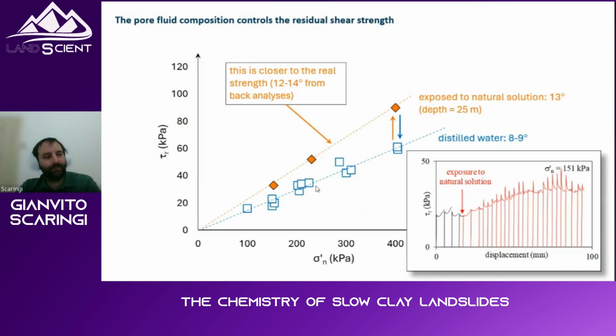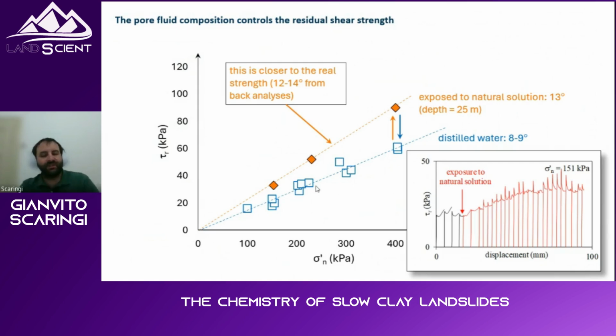But if you use undisturbed samples, or the original natural pore fluid, you will get 12 to 14 degrees of friction, which actually correspond to the results of back analysis. So if you want to do a back analysis in marine clays, you have to use not standard laboratory tests, but laboratory experiments done preserving not only the clay minerals, but also the pore fluid composition.